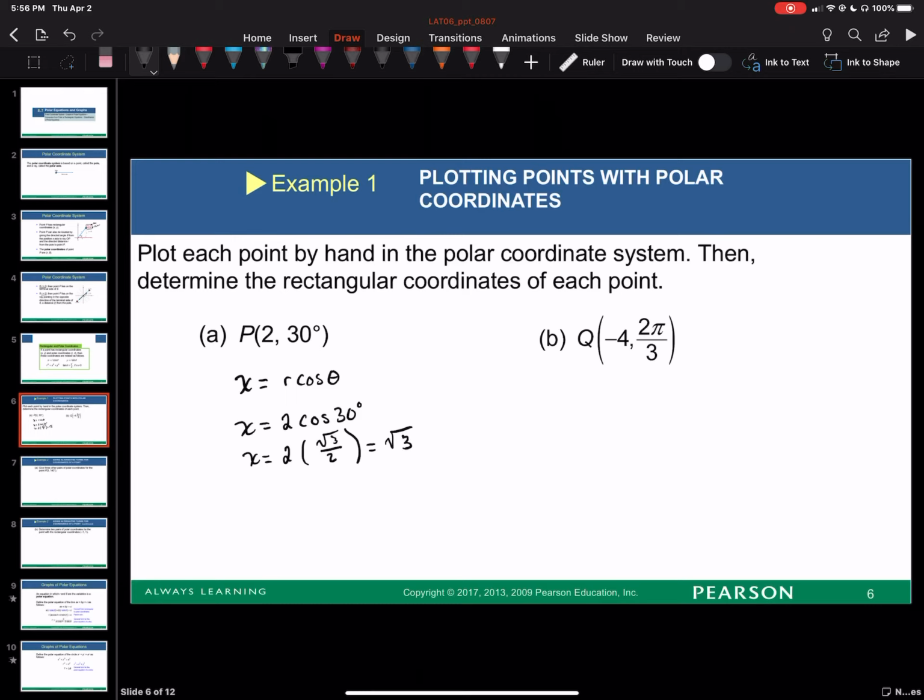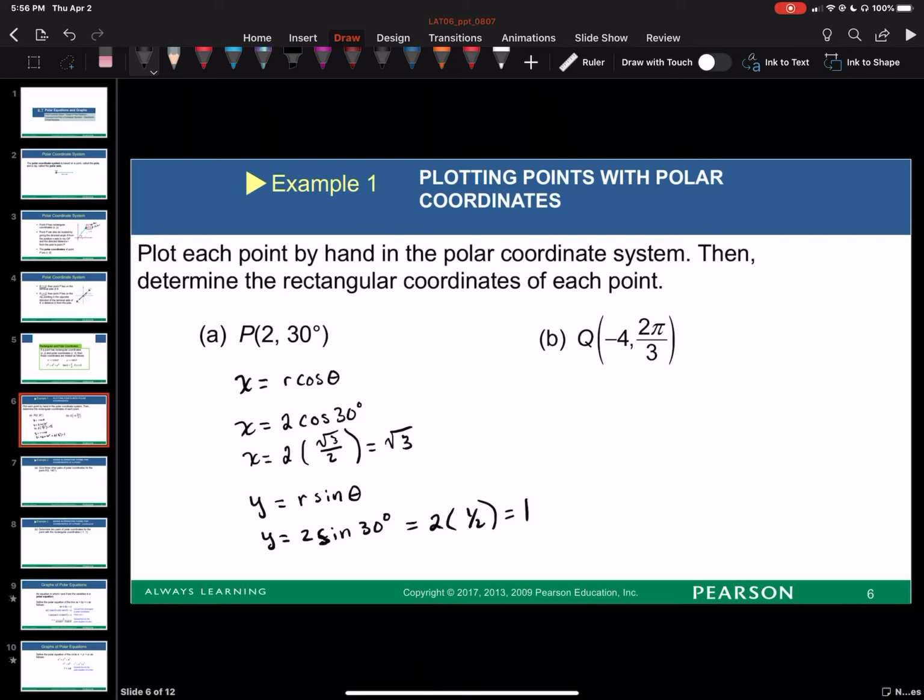Now you do the same thing with y. So y is equal to r times the sine of theta. So y is equal to 2 times the sine of 30 degrees, which equals what? 2 times 1/2, which equals 1.